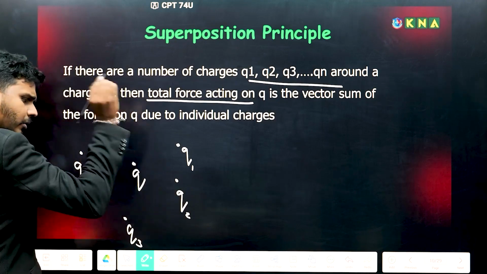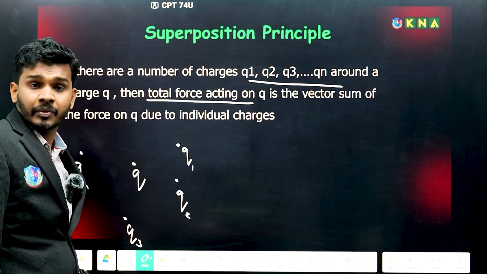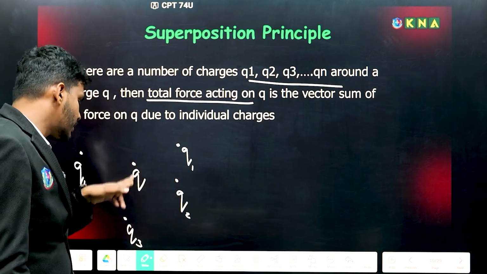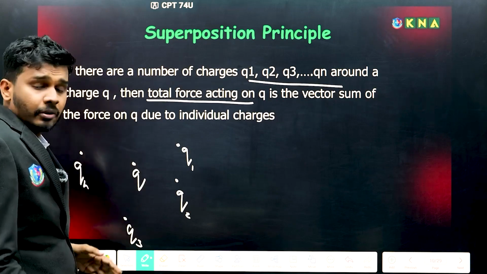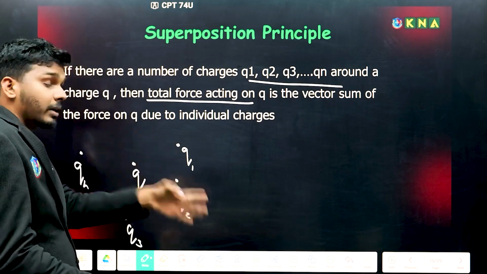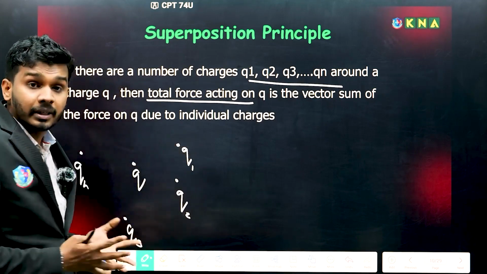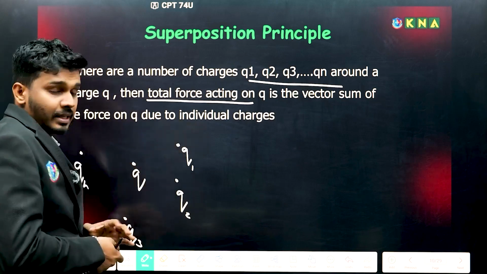Force due to q1, force due to q2, force due to q3, force due to q4. The vector sum of all forces is the total force. That is called the superposition principle.